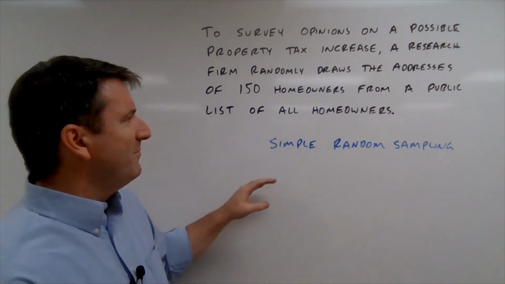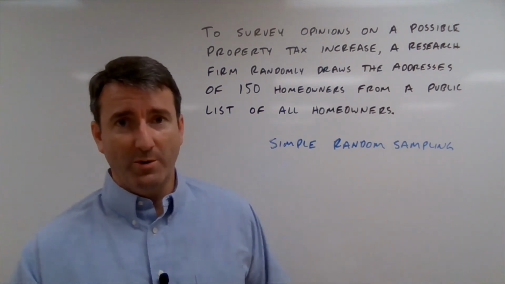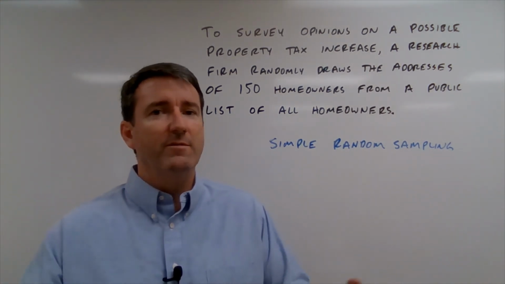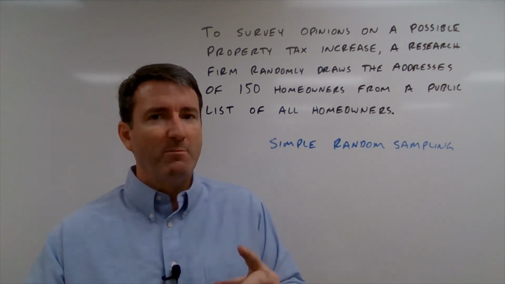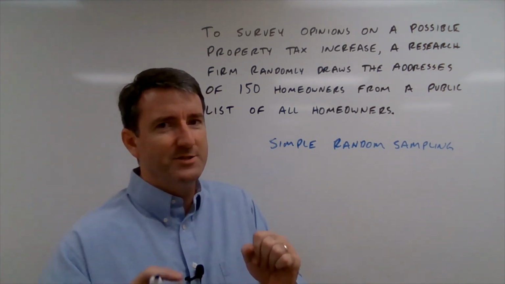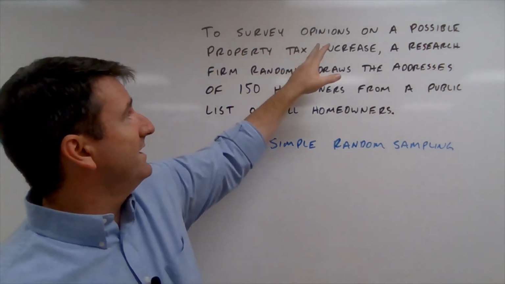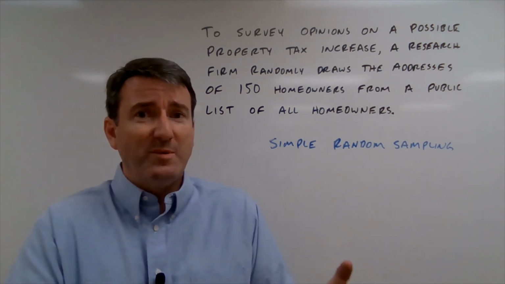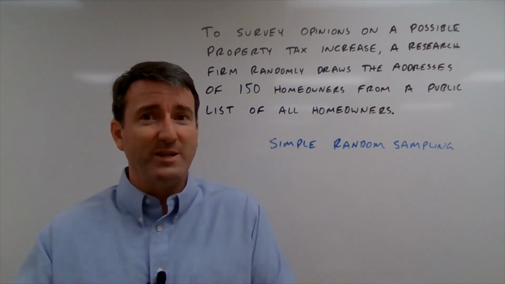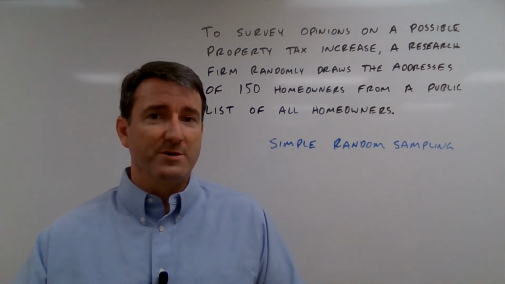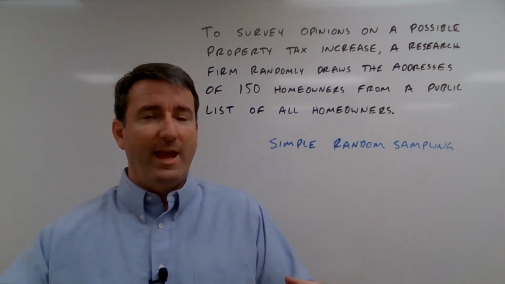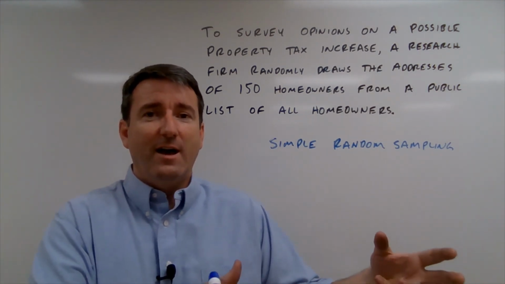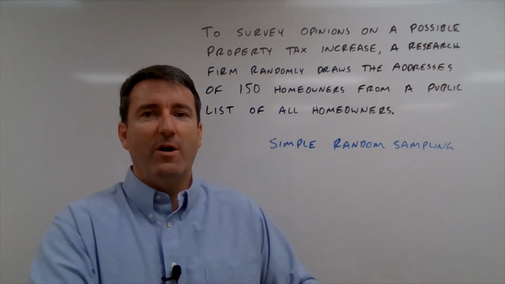Now, is this likely to give us a representative sample? Well, if our population is just homeowners, then yeah, this would give us a representative sample of homeowners in the area. But we're not told that the population is just homeowners. We're told that we're trying to survey opinions on a possible property tax increase. So our population that we're interested in is probably all of the voters in that area. And if we want the opinions of all the voters in the area, we can't just choose our sample from homeowners.